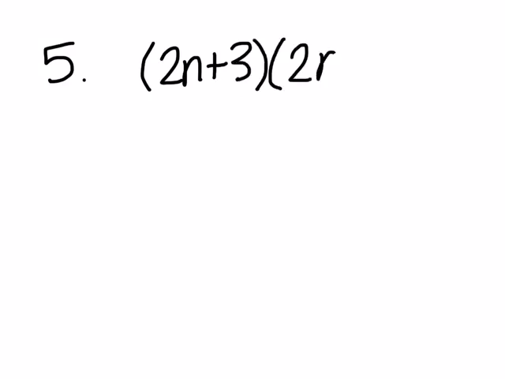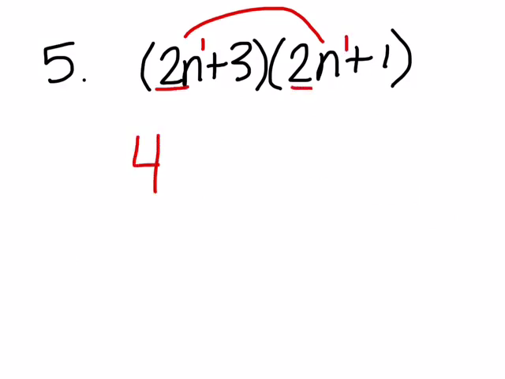Number 5 is 2n plus 3 times 2n plus 1. And again, double distribute. So we're going to take the 2n and we're going to multiply it by 2n. Again, multiply your big numbers, multiply your 2's, add your exponents, n squared.